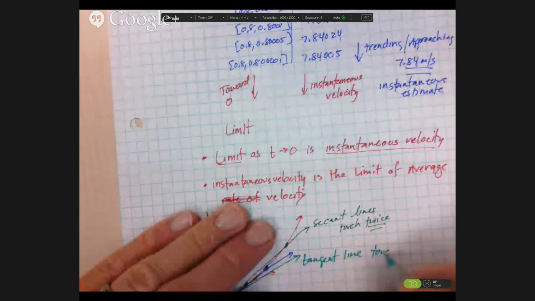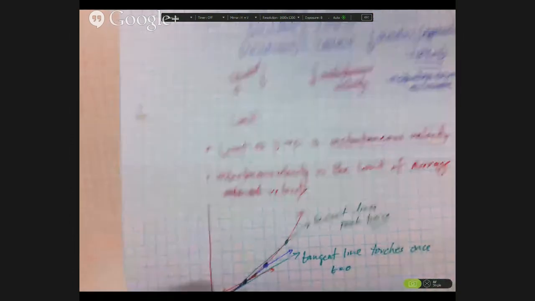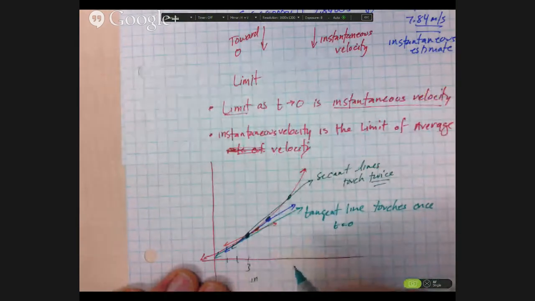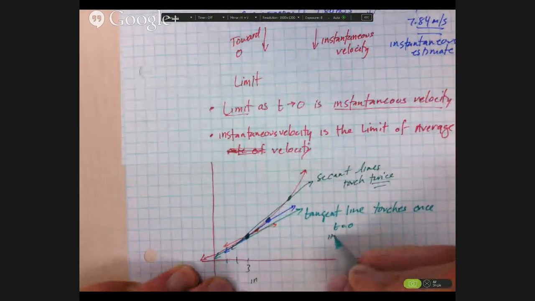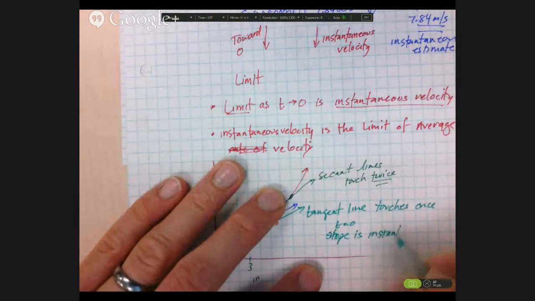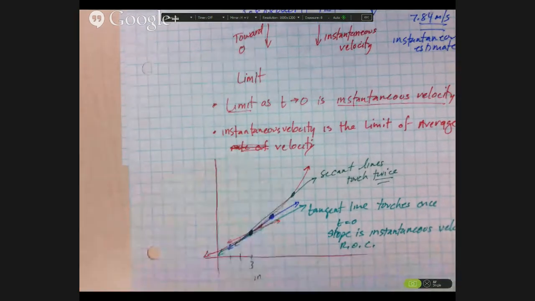It touches once, basically the time interval is 0. So it only touches that one particular point at 3, and it gives us an instantaneous velocity. The slope is the instantaneous velocity, the rate of change. So that's what we call a limit.